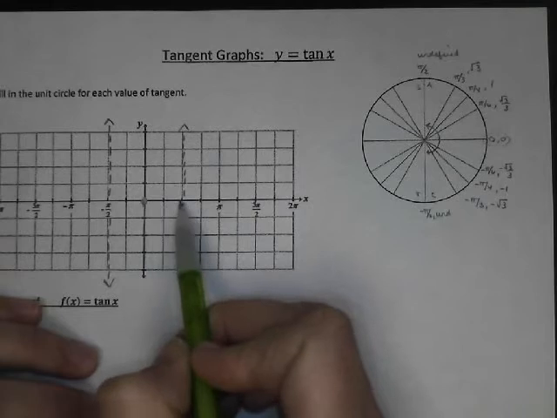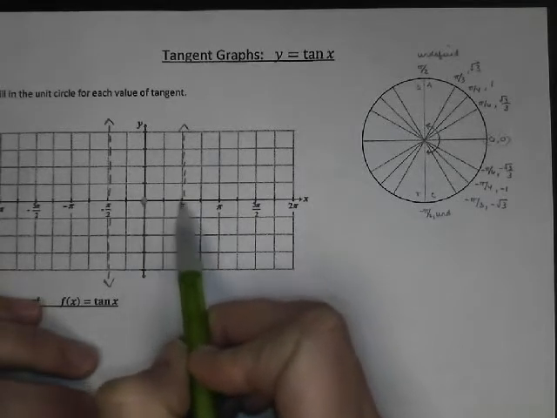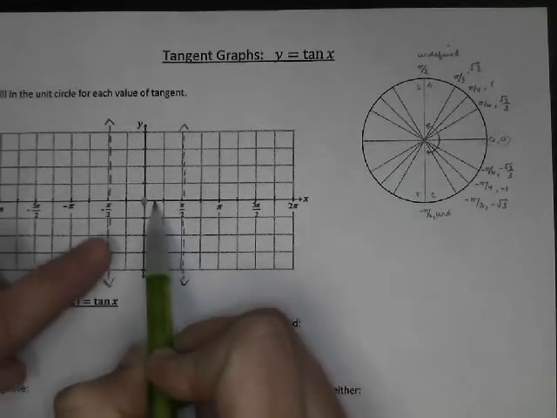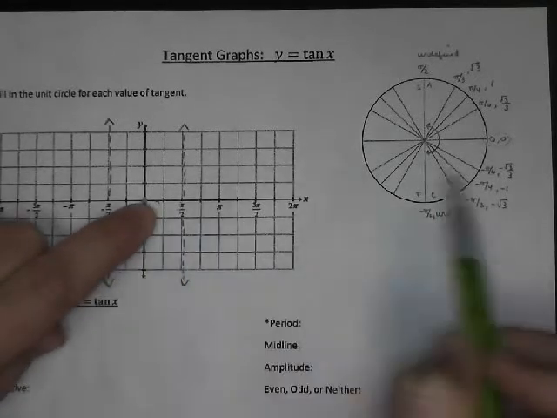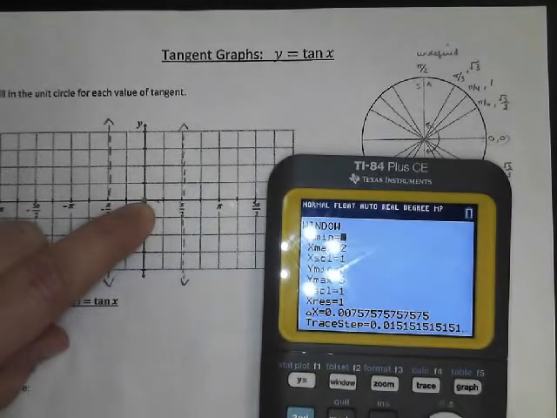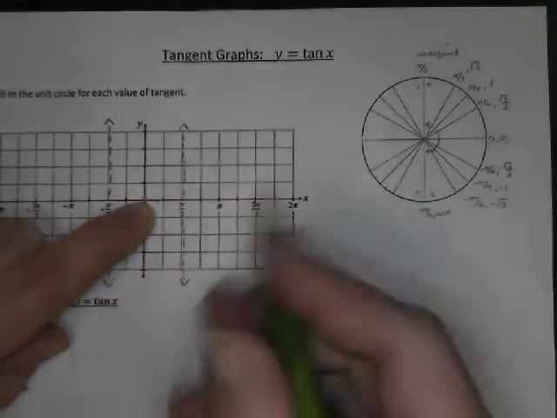So if this is pi over 2, this is pi over 4. And if you want to think of this as 30 degrees, or pi over 6, it's going to be here-ish. And the y-coordinate is root 3 over 3, which we need to figure out the decimal of, just to give us something that's graphable. Root 3 divided by 3 gives us 0.577.